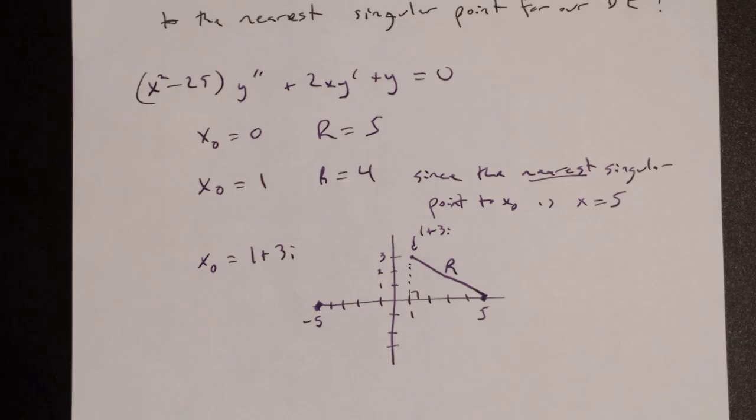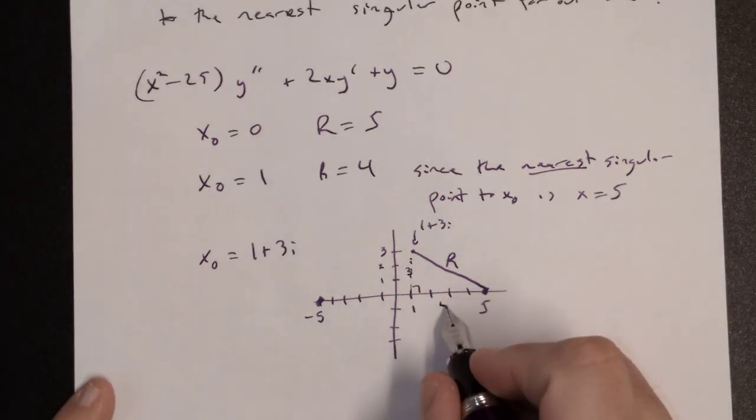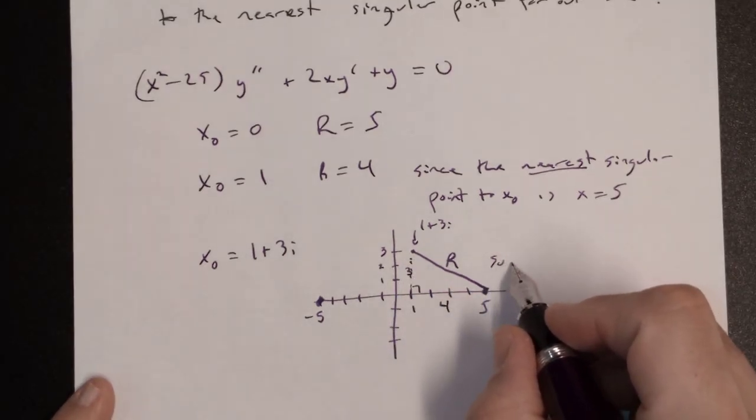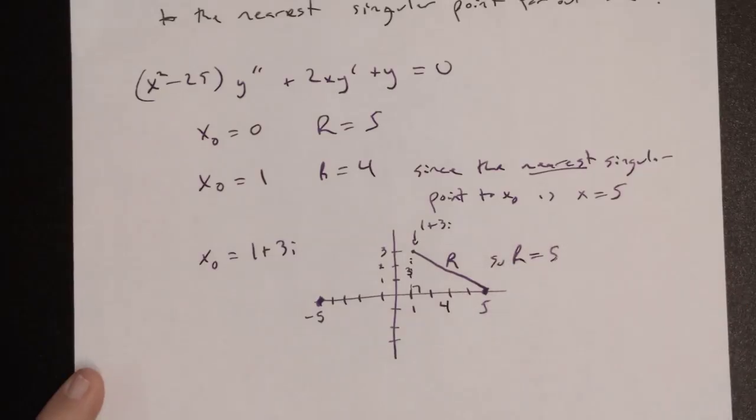Which makes my hypotenuse 5. I cheated. This is a 3, 4, 5 triangle. But I'm just doing distance. I'm doing Pythagoras. I'm doing the distance formula if you really want to be pedantic about it: 3i minus 0i, 1 minus 5, quantity squared, take the square root of the sum.